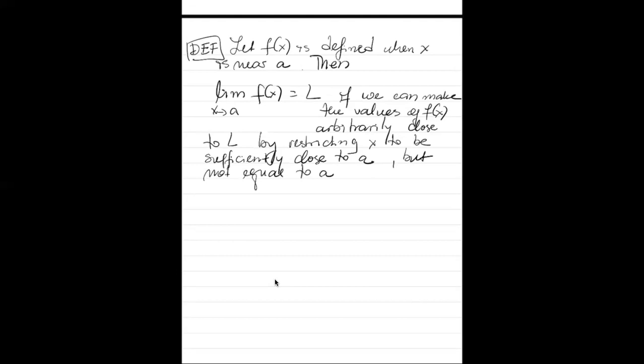So x doesn't have to equal a. We don't care if it does. That's not important. So we write that f of x is approaching L as x is approaching a. This is equivalent to writing that the limit of f of x when x is approaching a is L.